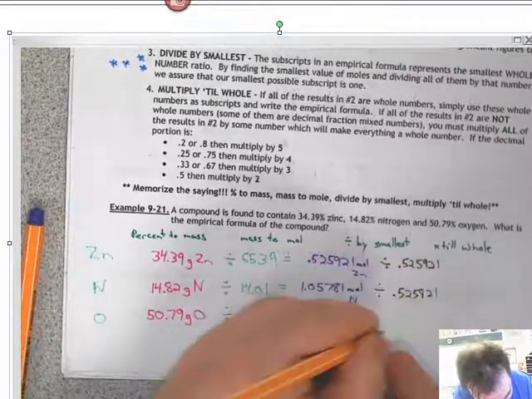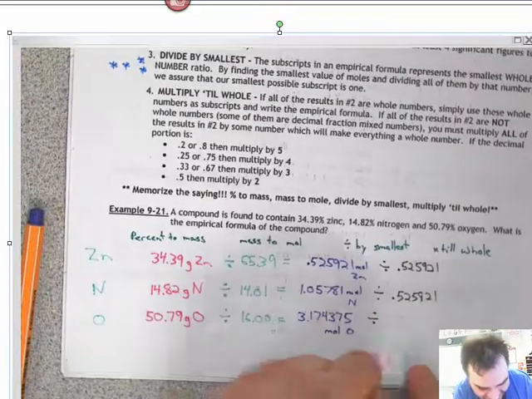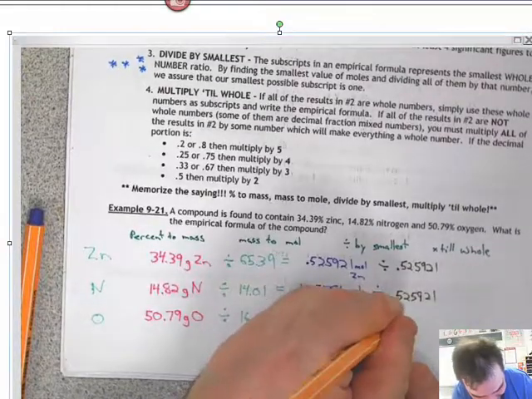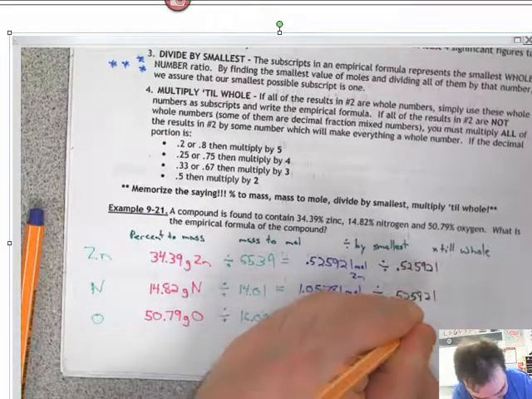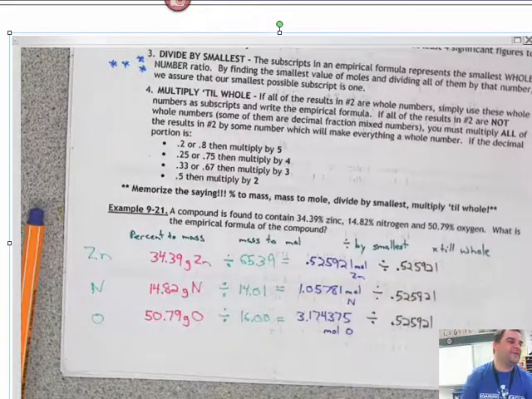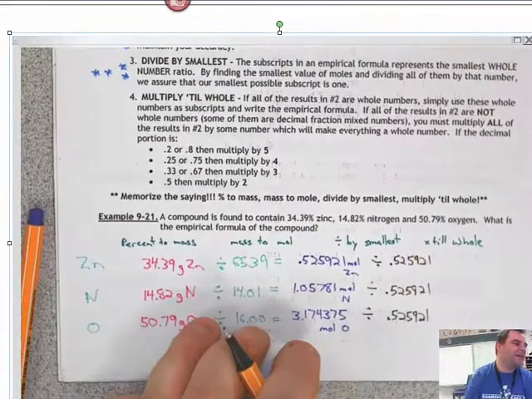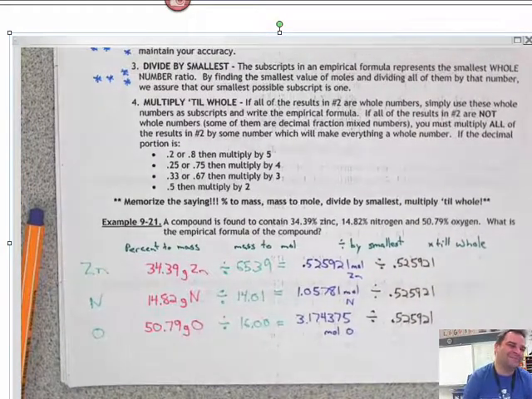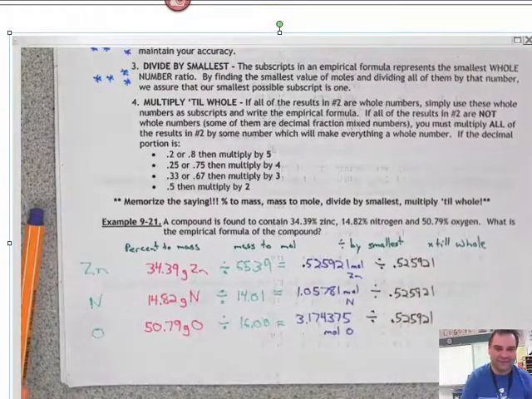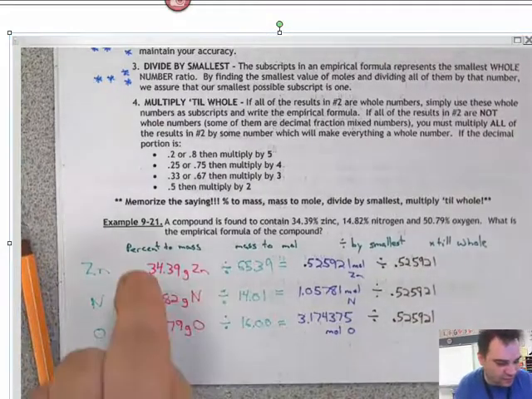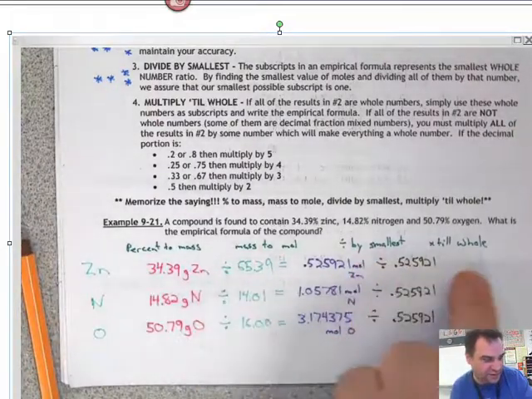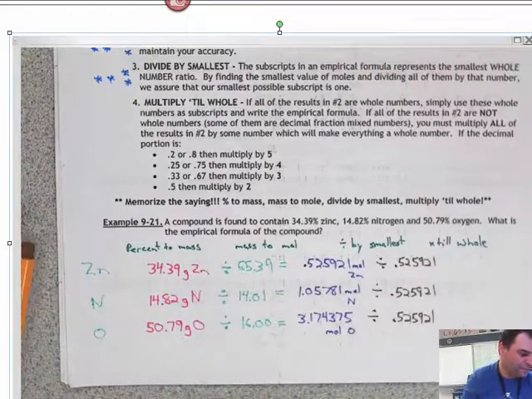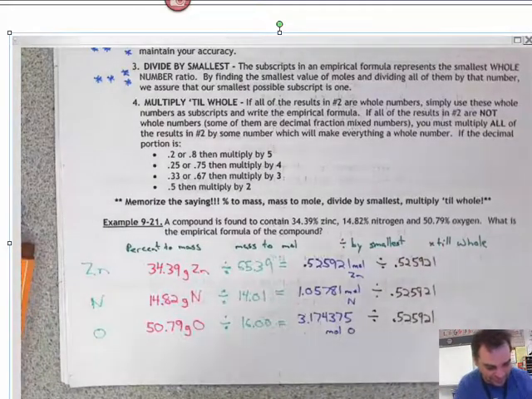Hey, did I tell you, if you're not going to write down the steps, I'm just going to mark it wrong? Yeah, that's what I'm going to do. I decided to just now. If they don't write down percent to mass, mass to moles, divide by smallest, multiply to whole, I'm going to mark it wrong. Because that's the kind of person I am.